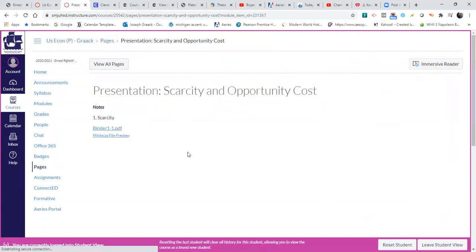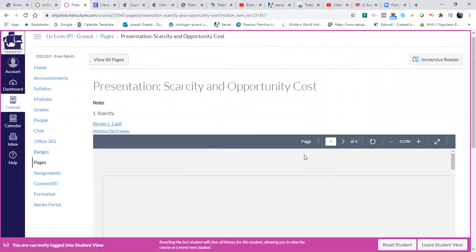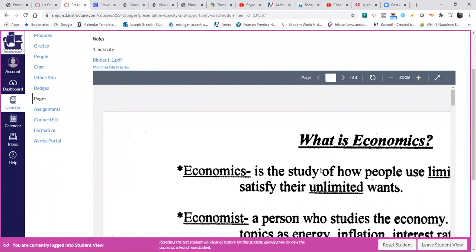These notes are going to be available to you in Canvas. We're going to talk about basically what economics is, why we have to study economics, what's the point of studying economics, and then how goods and services are made and how different countries answer those services.